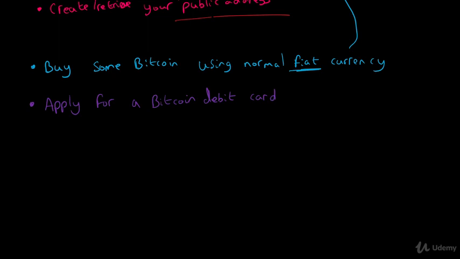They all have their own different features, the same way different bank accounts have their own features regarding debit cards, different transaction fees, and different other essential benefits as well. But you can get a debit card which will allow you to use your Bitcoins in any outlet or any place online or in the real world that accepts a regular debit card, which there are plenty of places around the world that accept debit cards.